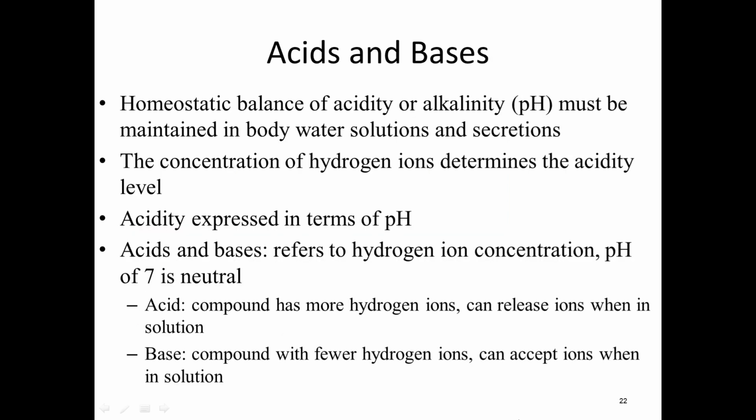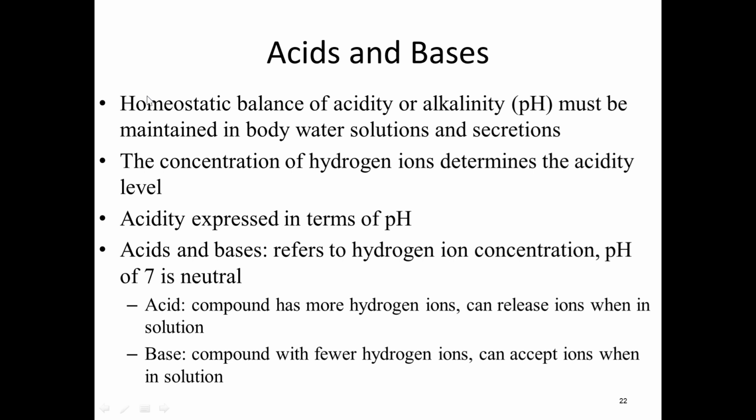Clear? Now, acid and base. What are the acids and what are the bases? You see the pH paper or pH meter. According to the pH, 7 is the neutral pH, and below 7, meaning 1 to 7, is acid, and from 7 to 14 is base.